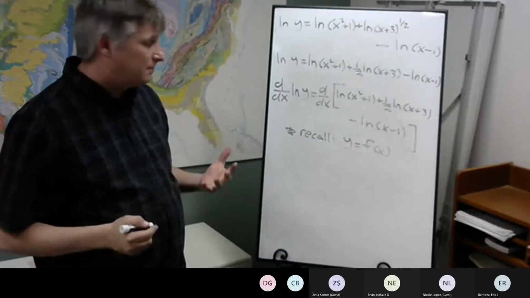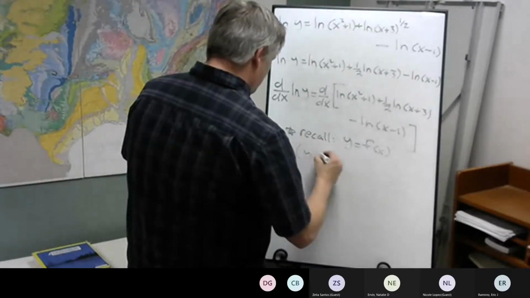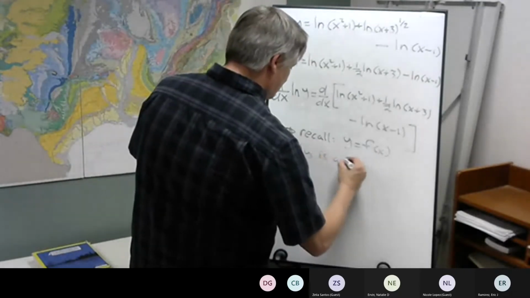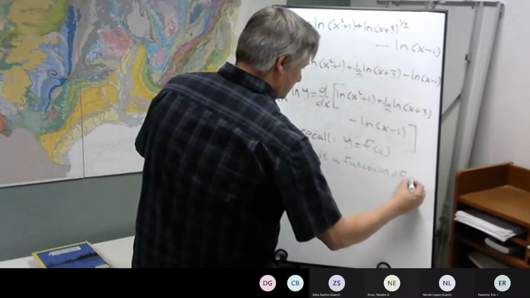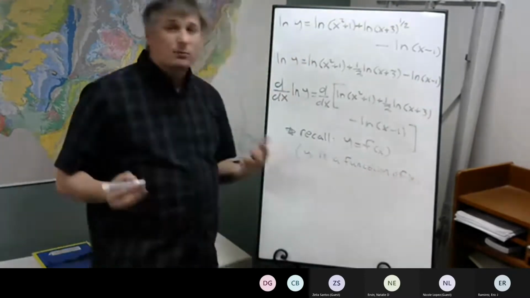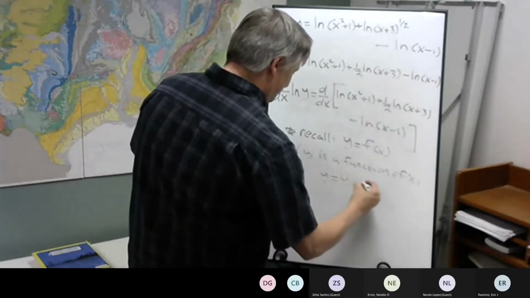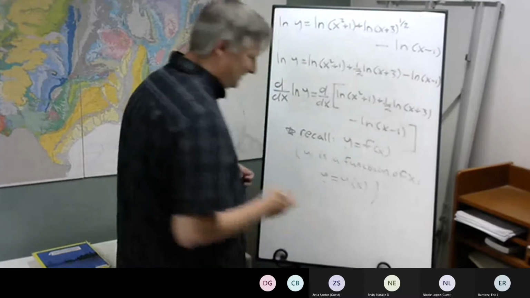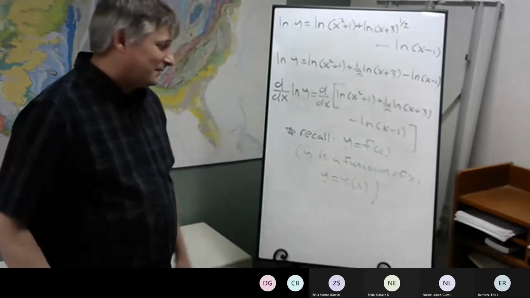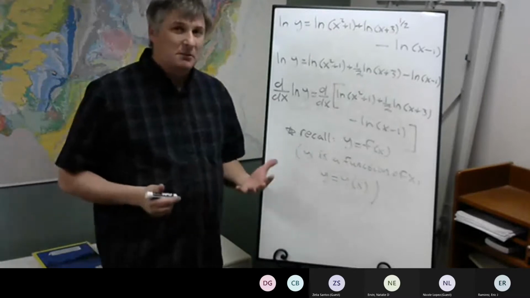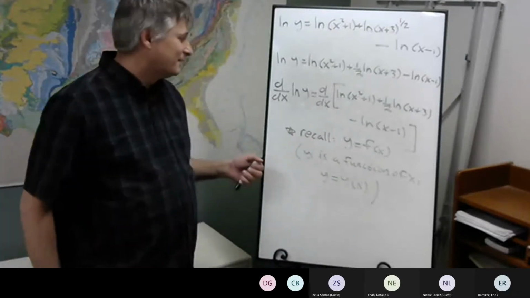Just keep this in mind. This might be a terrible use of notation, but you could think of y as y of x. I'll be honest, I almost never see anybody write something like that. But I think here we could take a risk.